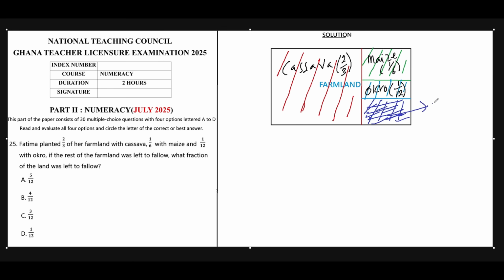So we are looking for this particular fraction. Remember, a fraction represents part of a whole.